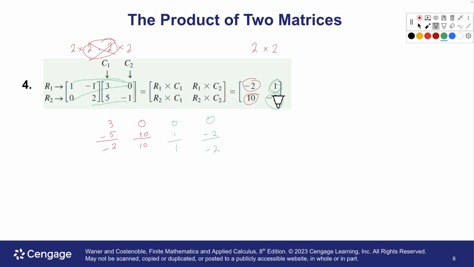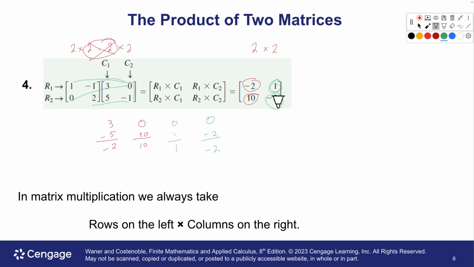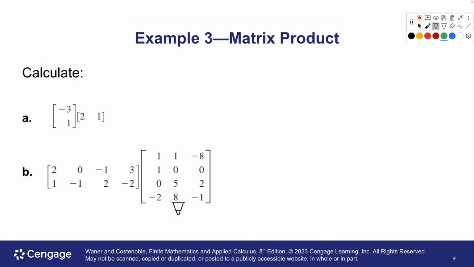Multiplying matrices. Rows on the left, columns on the right. Always. Okay.